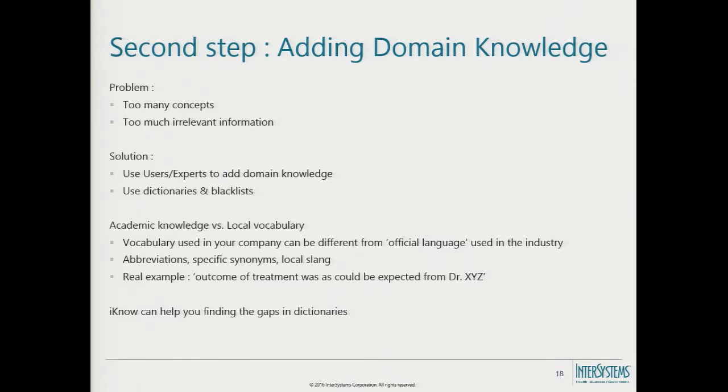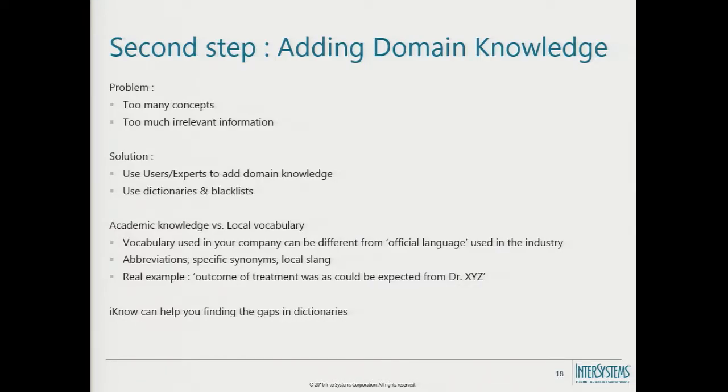Out of the box, it cannot say which is relevant or not. So we need dictionaries. You can just use existing dictionaries, or you can create dictionaries by using INO.